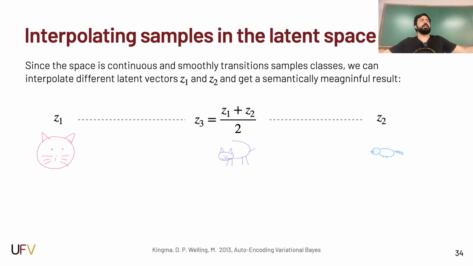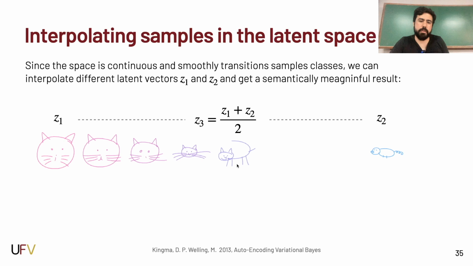And this is a very, very cool property for real-life applications. For example, if you start moving from Z1 towards Z3, you would get your image of the cat getting closer and closer to the image in the middle here. And the same on the other side. You start merging the two images in these two directions.